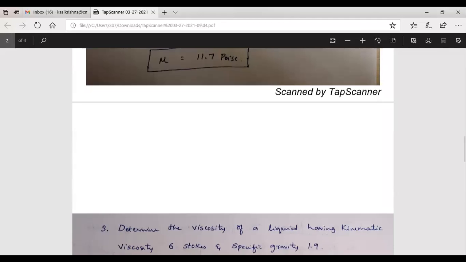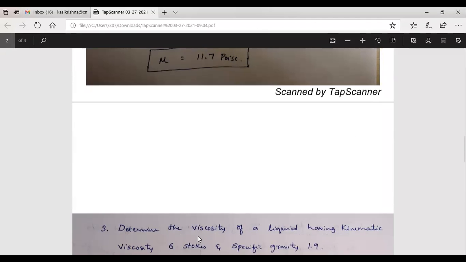First we need to know what the unit of kinematic viscosity is. Anybody? Unit of kinematic viscosity? Meter square per second. So we have to convert this into meter square per second first. What is 1 Stoke equal to? 1 Stoke equals 1 by 10,000 meter square per second.